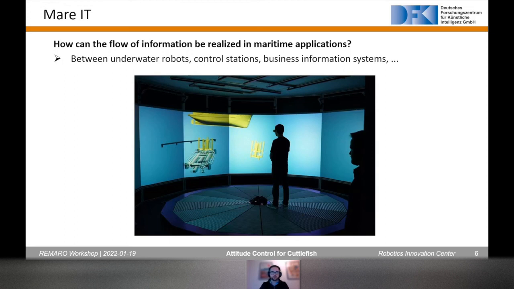He doesn't have to be on a ship close by, and he can operate this vehicle, do the task that needs to be done, do the inspection, get all the data directly into a business information system, and then send the vehicle back and maybe start controlling the next vehicle on the other side of the world. That is the idea behind it, and the reason why Cuttlefish came to be as a hybrid intervention AUV.